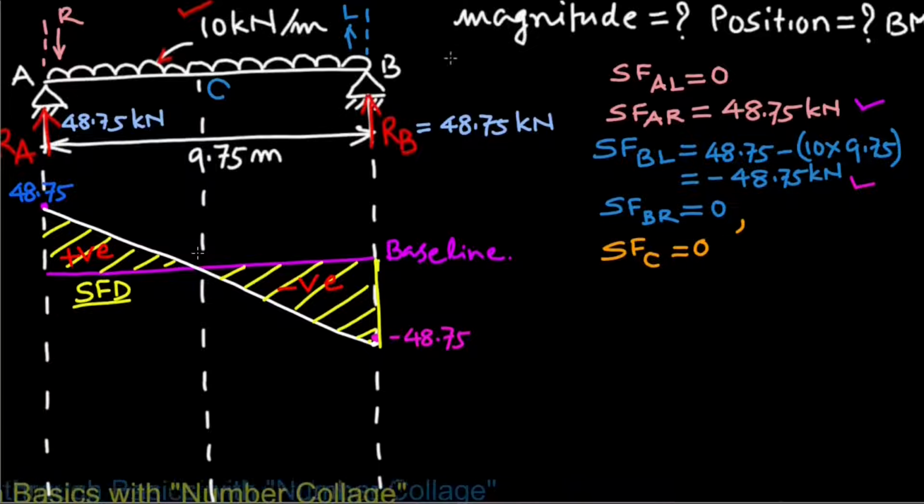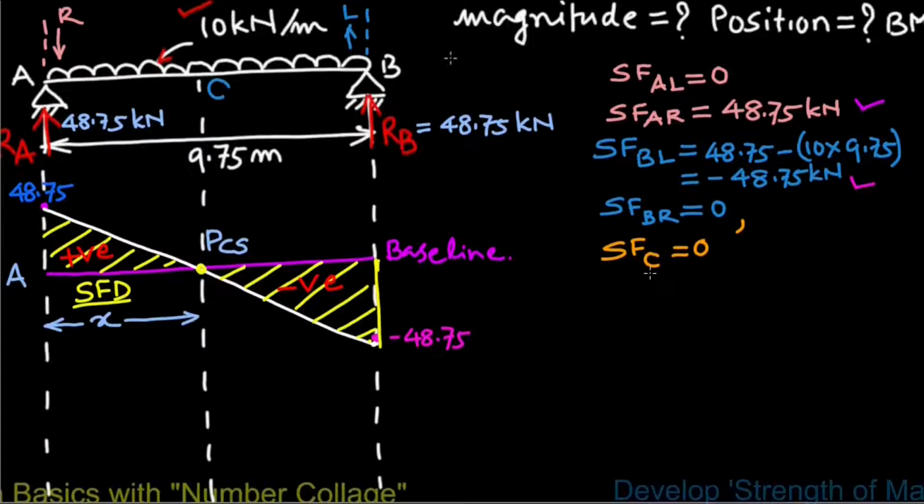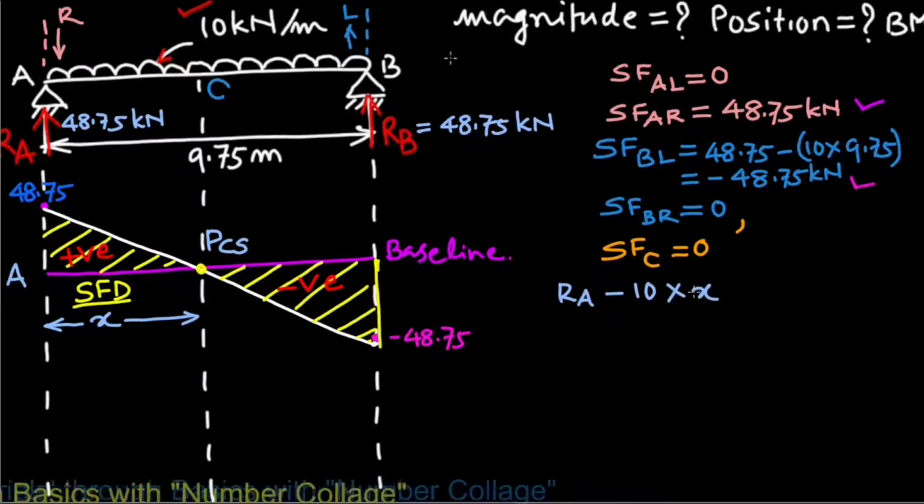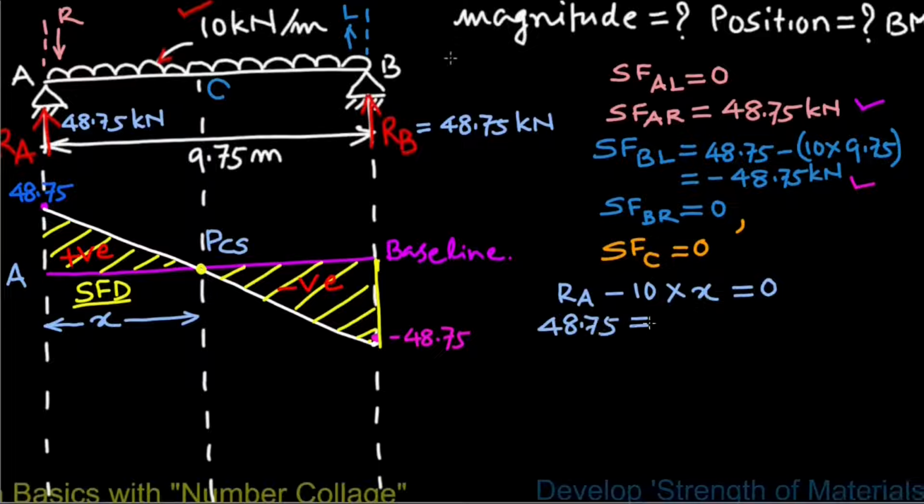We have to find the position of zero shear force or point of contra shear. So let the position of the point of contra shear, PCS, from the end A be x meter. Sum of shear force at point C is 0. So we write RA minus 10 multiplied by x equals 0, but RA is 48.75, so 48.75 equals 10x.